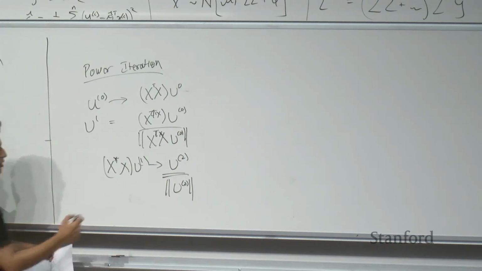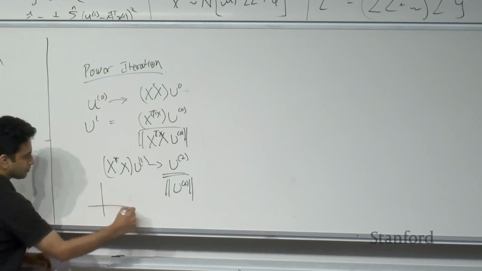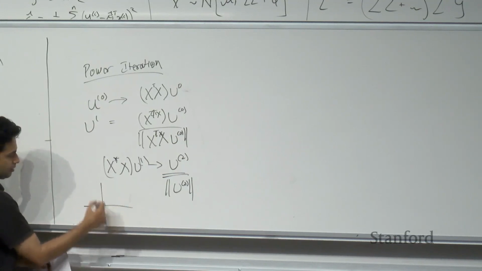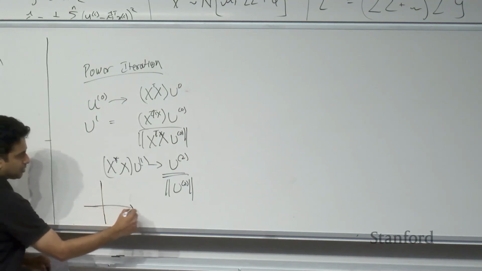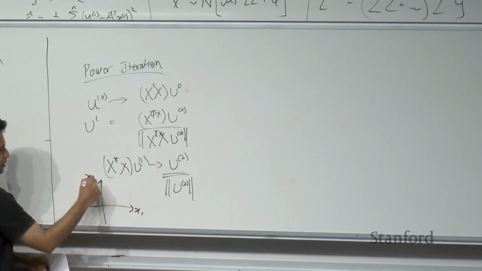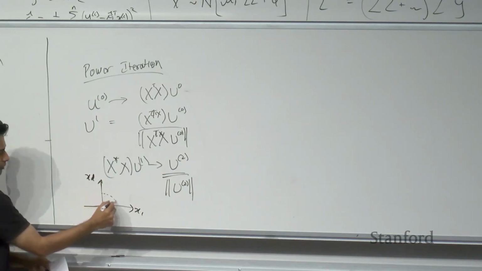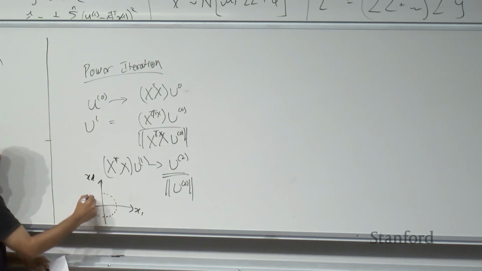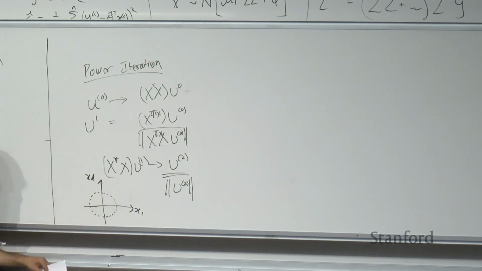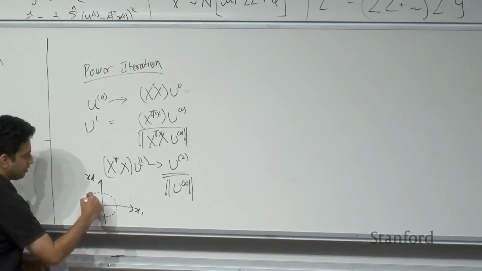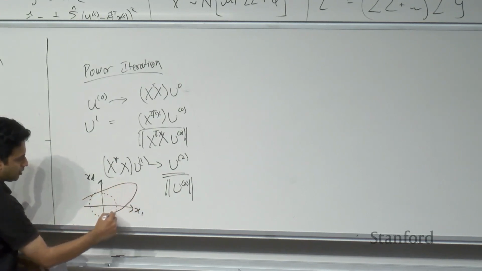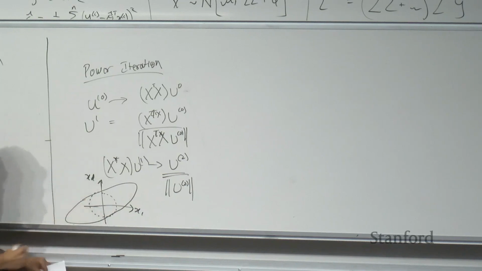The intuition there is, suppose this is x1 and xd. If you remember, if you take a unit sphere in your input space and multiply it by a positive definite matrix, then the outputs will be on some kind of an ellipse.